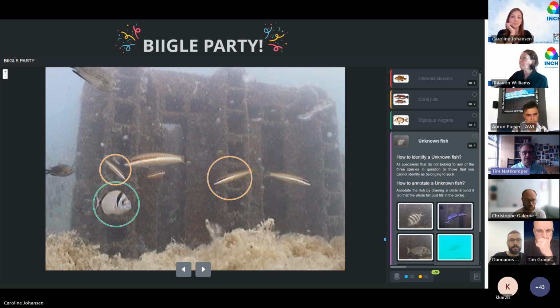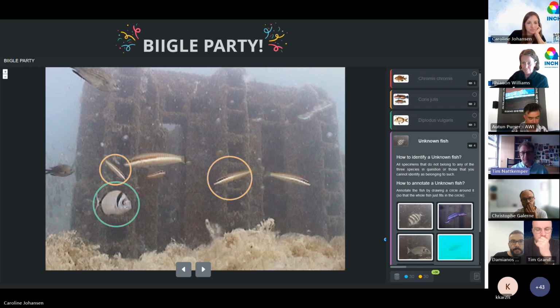So this is the normal screen of Biigle.Party that a citizen scientist can see when he or she joined a project. On the right, you see different kinds of biological categories, species, like particular kinds of fishes the marine biologists were interested in when they gave us the data.